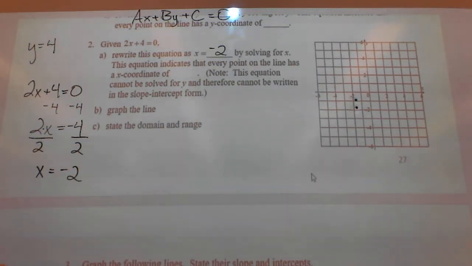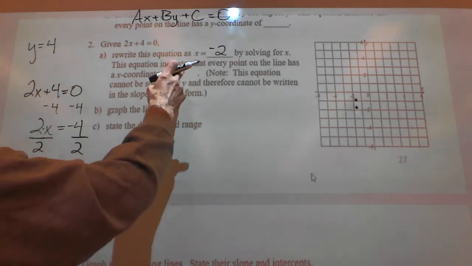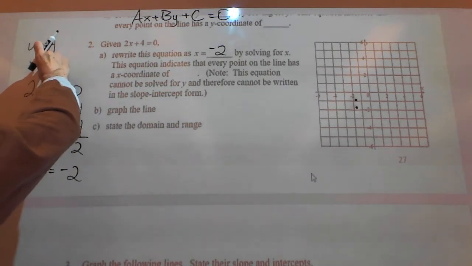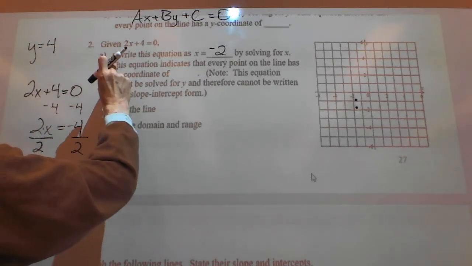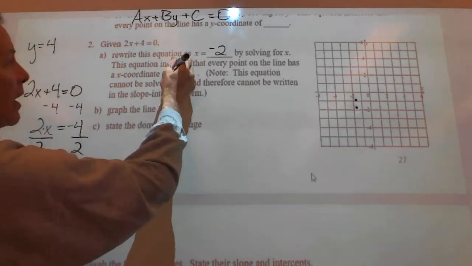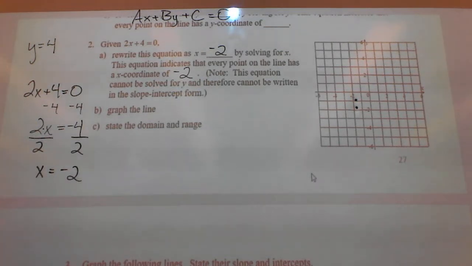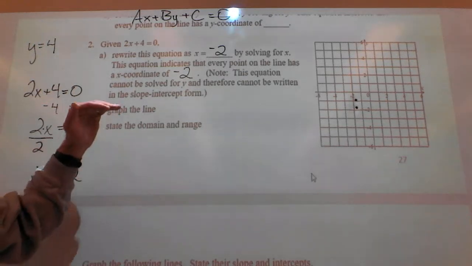This equation indicates that every point on the line has an x coordinate of, just as we found in the last one, every point had a y coordinate of 4. In this case, every point will have an x coordinate of negative 2. Okay? Graph the line.